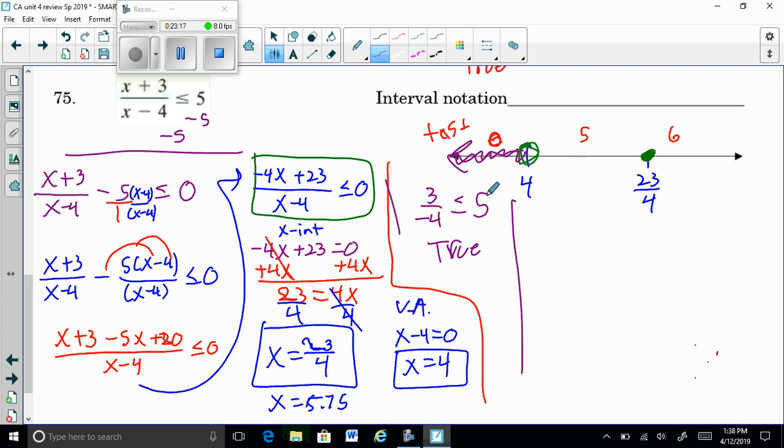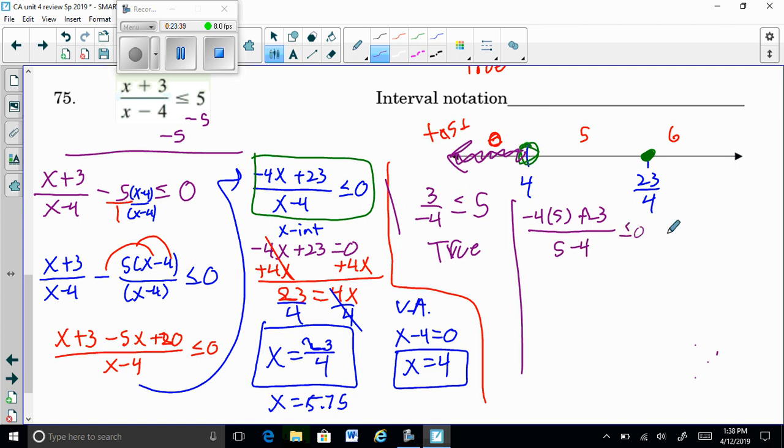Now we'll try plugging in 5. Once again, you could plug it into either one of these. It might be a little bit easier to make a judgment call if you plug it into the one we simplified. So I'm going to go ahead and do that. So let's see, negative 4 times 5 plus 23 over 5 minus 4.